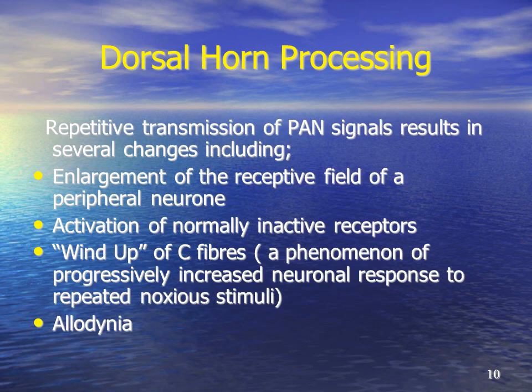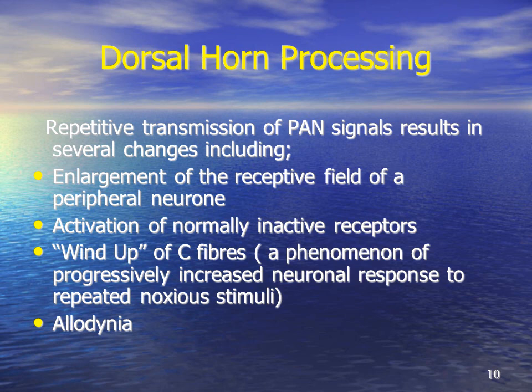So when there's repetitive transmission from the primary afferent nerve, there may be a number of changes, including enlargement of the receptive field of the peripheral neuron, activation of normally inactive receptors within the dorsal horn, the concept of wind-up of C fibers, which is a phenomenon of progressively increased neuronal response to repeated noxious stimuli, and this can lead to allodynia.